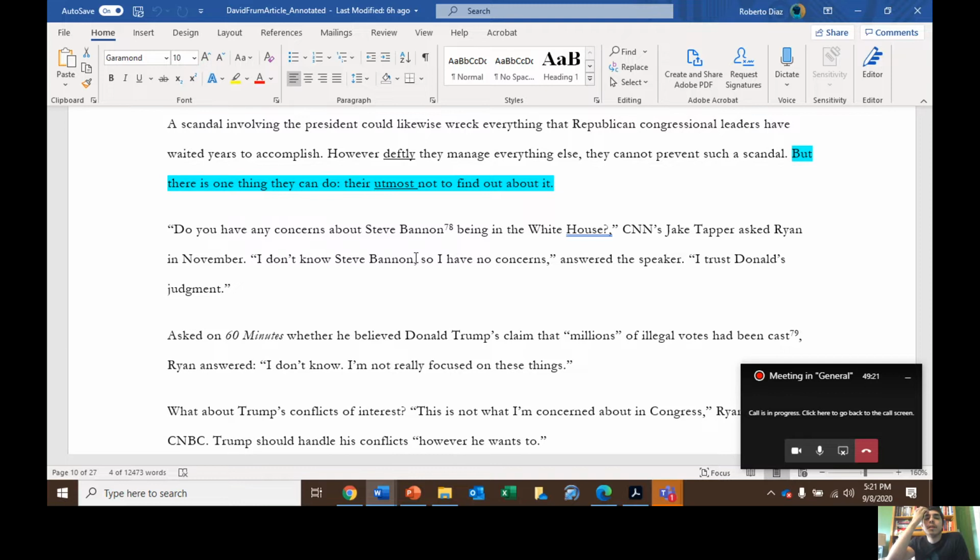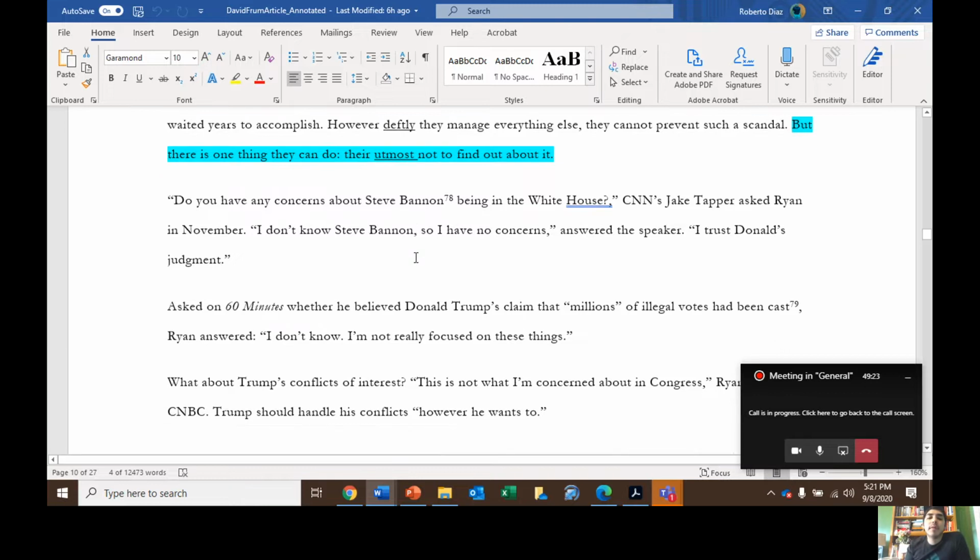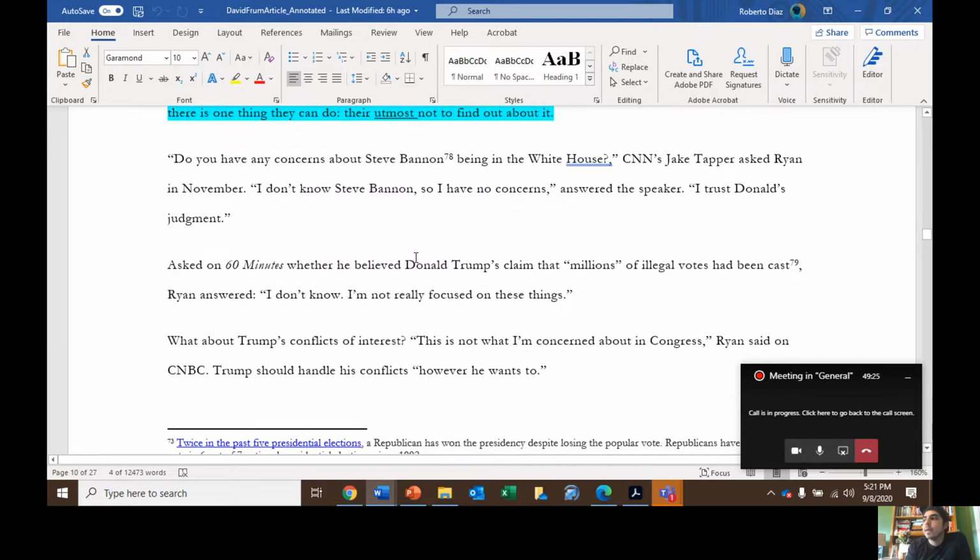So some are concerned about him, or were concerned about him being in the White House. He was on President Trump's campaign, and actually right now he's in a lot of big trouble. He's indicted for fraud, a separate issue, but whatever.